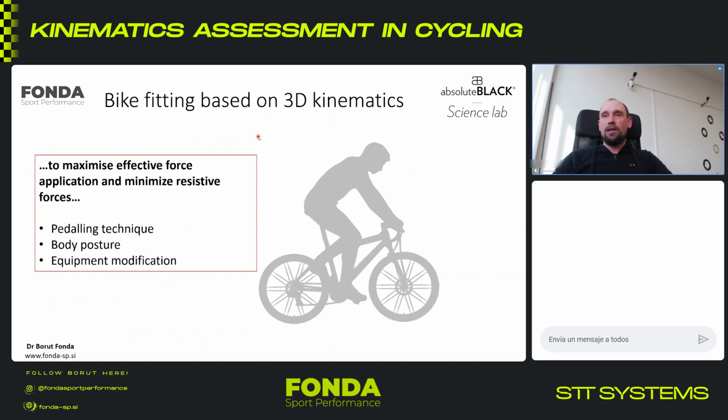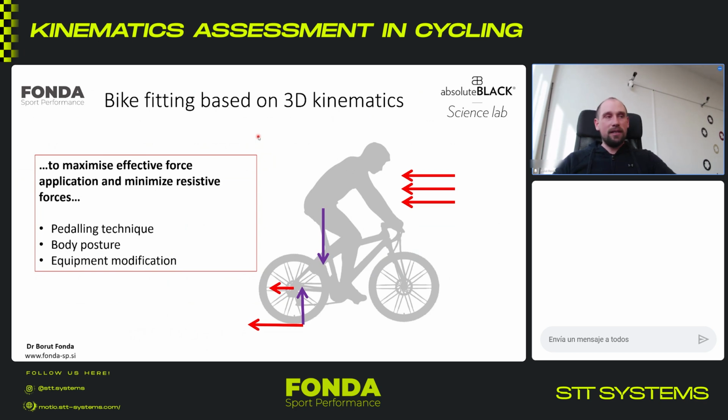And we can do that. We can change the pedaling technique. We can change body position. We can modify the equipment. A lot of things can happen, but basically, when a rider is riding outdoors, one needs to overcome all the resistive forces. Those are the aero drag, which is the dominant resistive force during cycling when you're going fast or on flat.